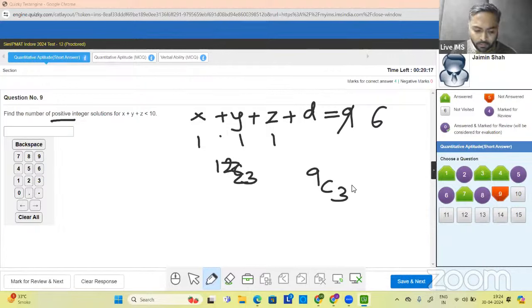Correct. So are we missing anything? Find a number of positive integer solutions for x plus y plus z less than 10. कोई zero वाला case minus होगा. If I've given everything 1 to all of them, so minimum तो everything is 1. नहीं तो ठीक है, it's 84, so we can move ahead.